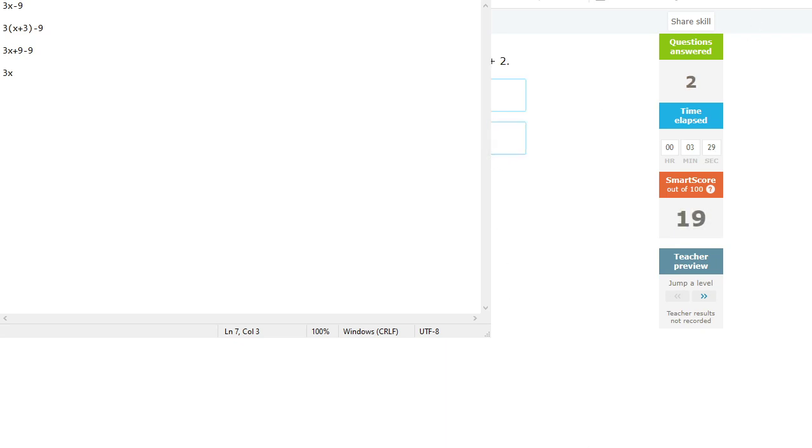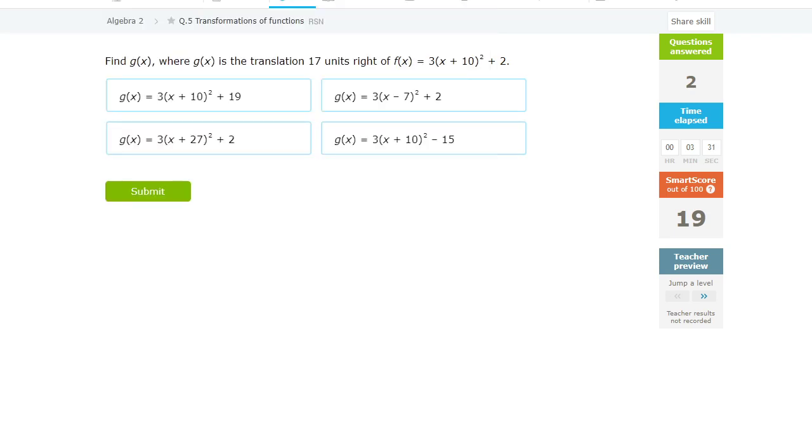Next one. Sorry, I still have this one enabled, but anyway, got it correct. In this one, they're telling me I'm translating 17 units to the right. So if I'm going to the right, I'm subtracting 17, okay? And to the inside, notice that this is a quadratic, right? Now, if I subtract 17 on the inside, that's this right here.